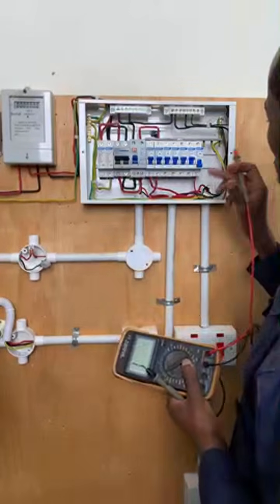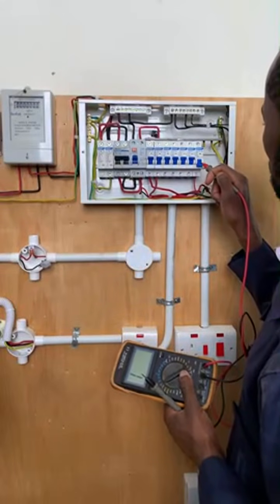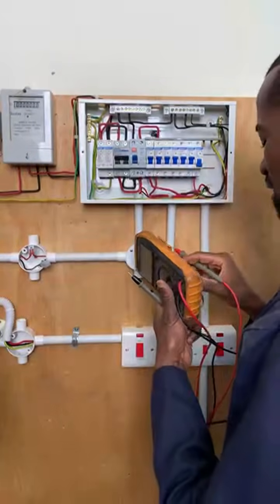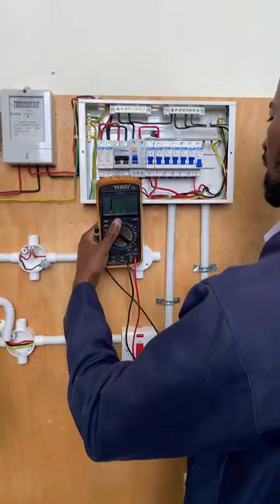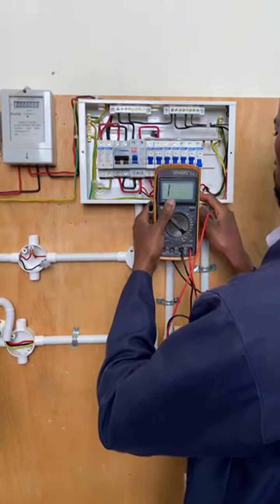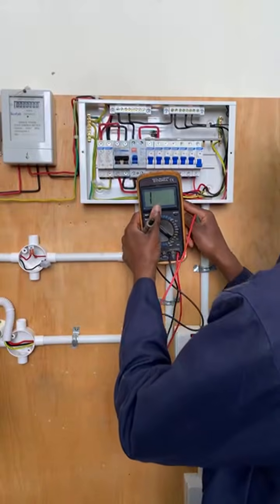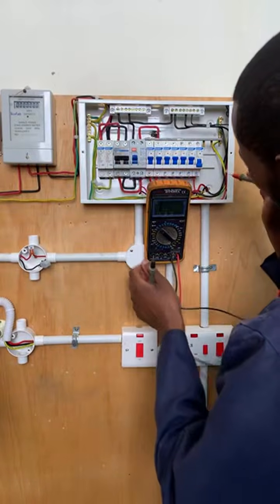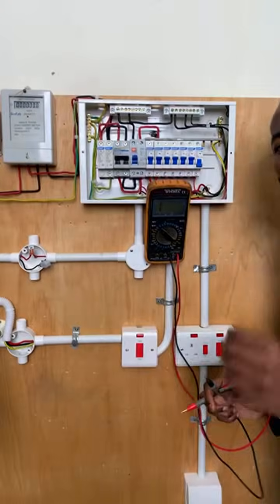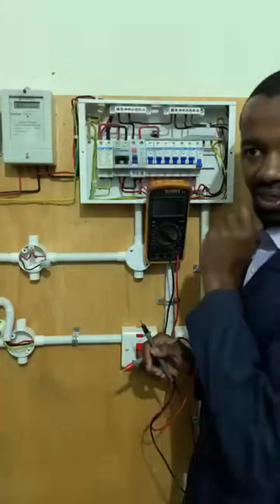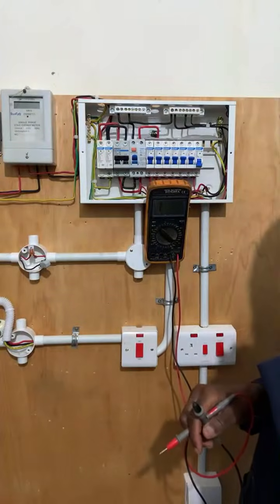So if we find that this MCB has tripped and the lighting in the dining room is not available, we have to ask ourselves before we turn it on. There could be so many reasons why this MCB is off.